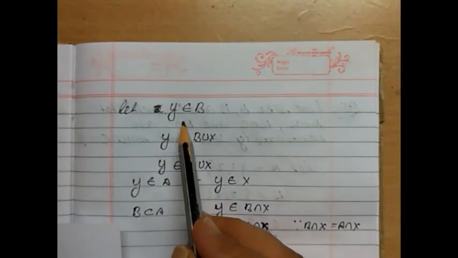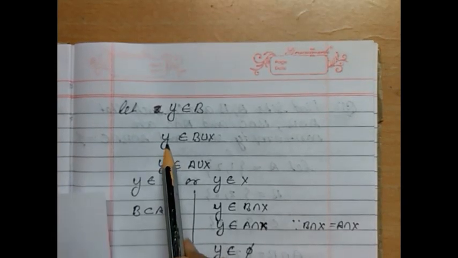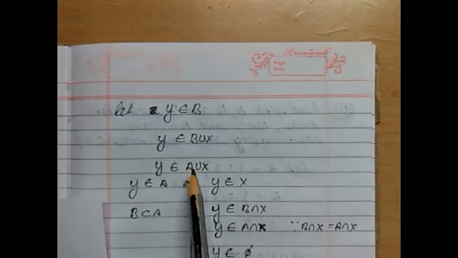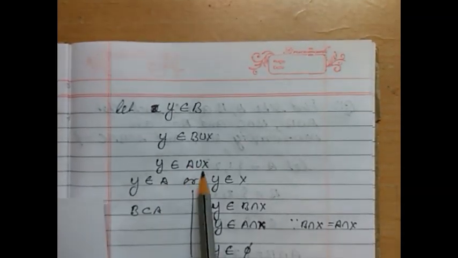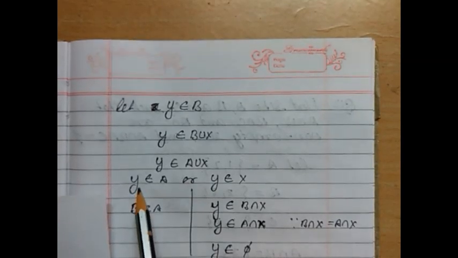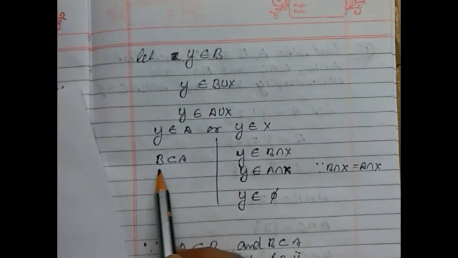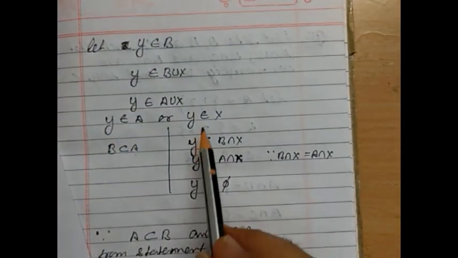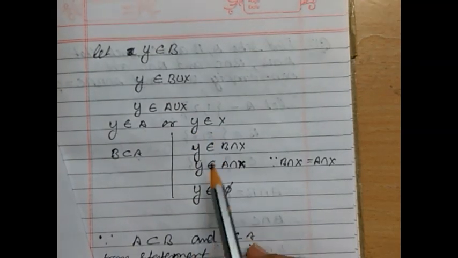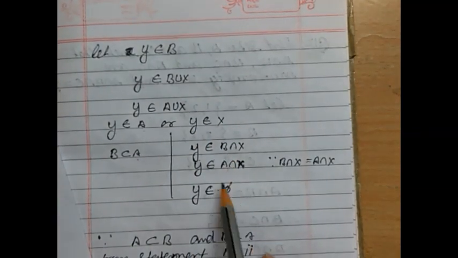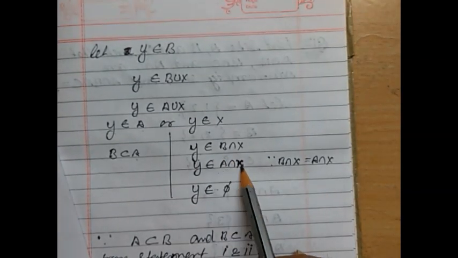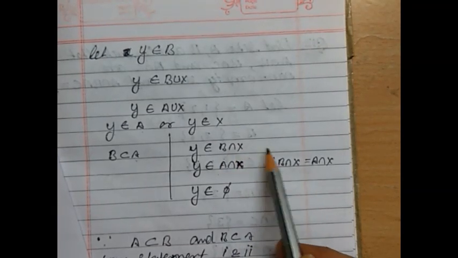Now we prove the reverse. We take an arbitrary element y belonging to B, so y belongs to B union X, and y belongs to A union X as it was given in the question. So if y belongs to A, then we can say B is a subset of A. Again, if y belongs to set X, it will belong to B intersection X, so it will belong to A intersection X, as it was given in the question that A intersection X is equal to B intersection X is equal to the empty set.